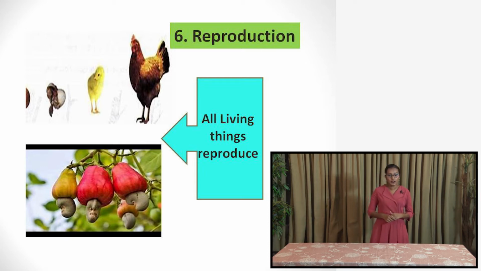And at the bottom there, you have a fruit that has a seed hanging out. That's a cashew. And it comes from plants. To get a new plant, you could plant that seed and you're going to get a new plant growing, right? So that means that plant there is going to get a little plant growing just like it. So both plants and animals reproduce.